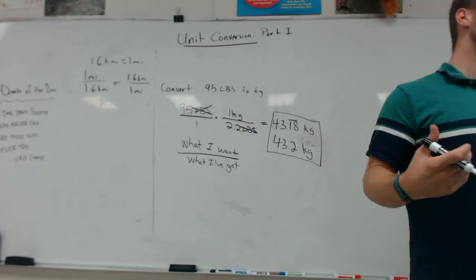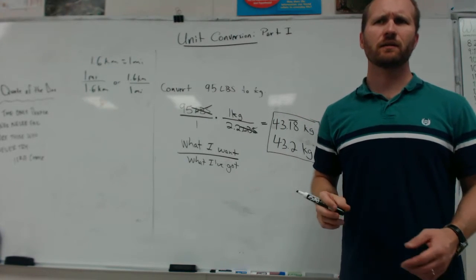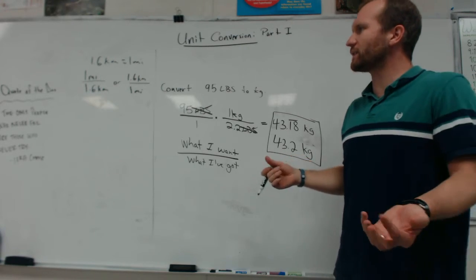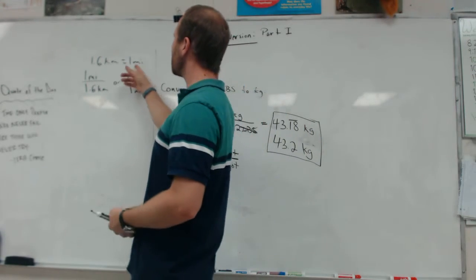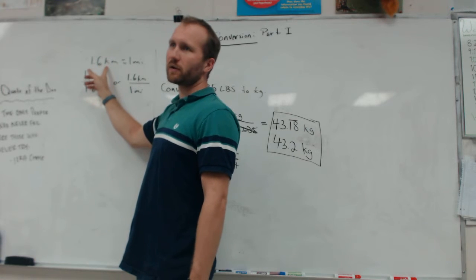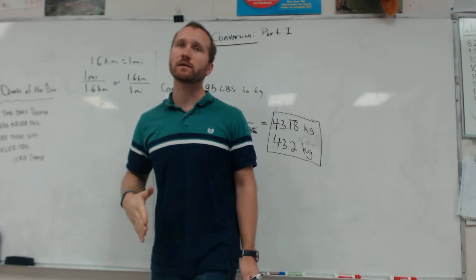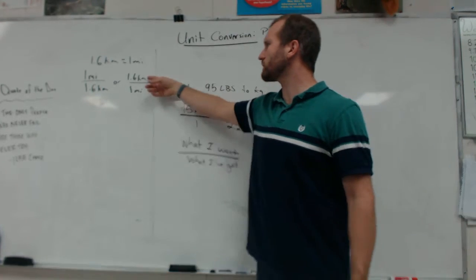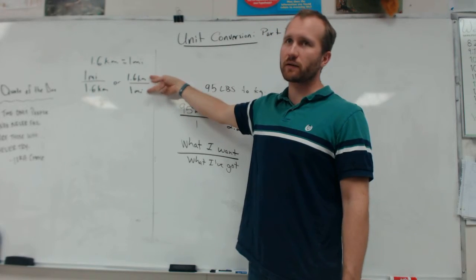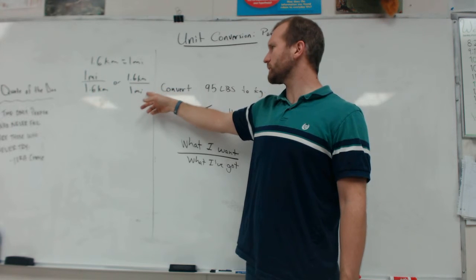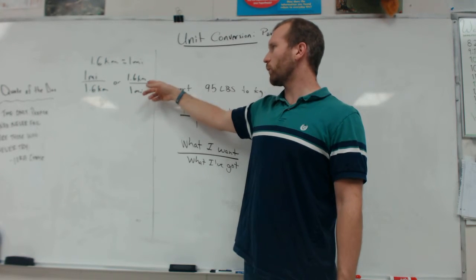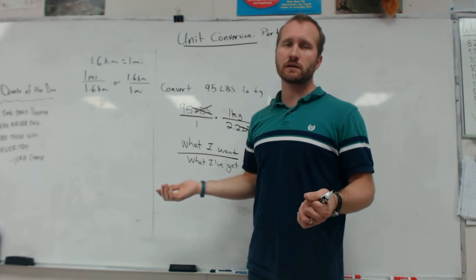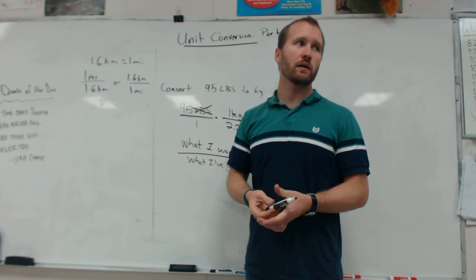What about 1.6 miles over 1 kilometer? No, that's not one. That's not true, right? 1.6 miles does not equal 1 kilometer. So it wouldn't be a unit multiplier. Remember, my unit multiplier has to have the top and the bottom be equal to each other. So 1.6 miles and 1 kilometer would just be a fraction. It's not going to help me convert.